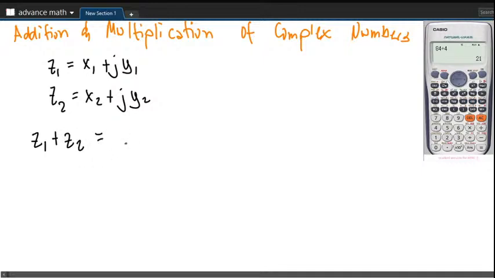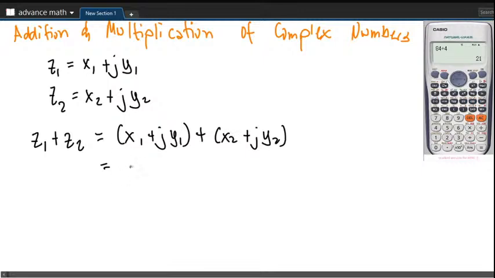Okay, so we will just write that one, x sub 1 plus j y sub 1 plus x sub 2 plus j y sub 2. Then we will just add the real part of the first given complex number to the real part of the next given complex number.